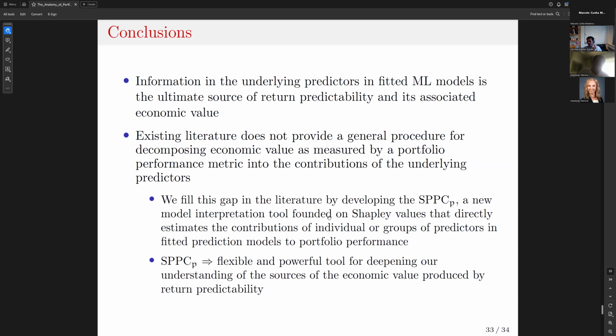Which again gives you a different model, right? You're not really looking at that model because suddenly you have removed a set of predictors or a predictor. The measure that we come up with, the SPPC, is very flexible and powerful, right? Because it essentially allows you to understand the sources of economic value produced by a model, right?